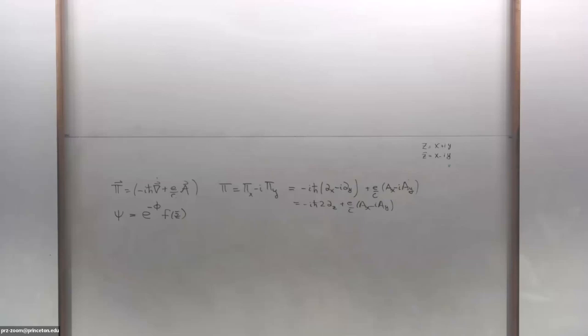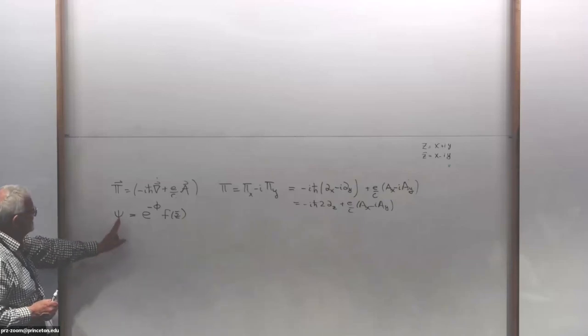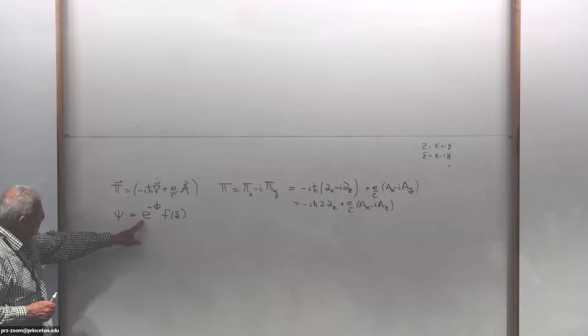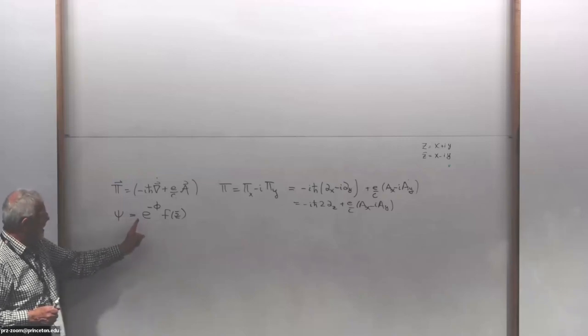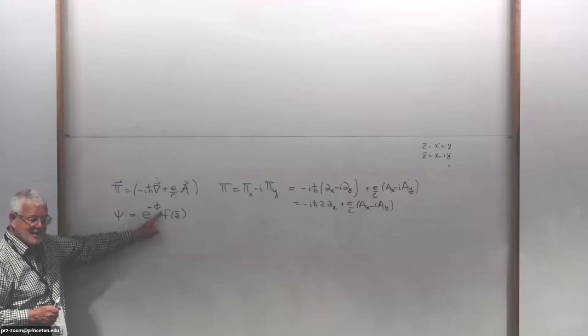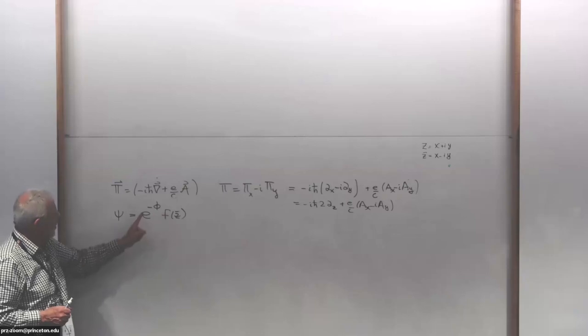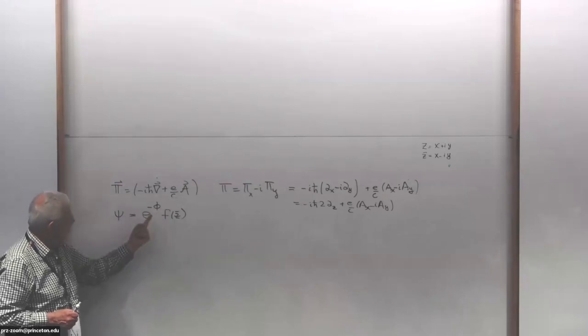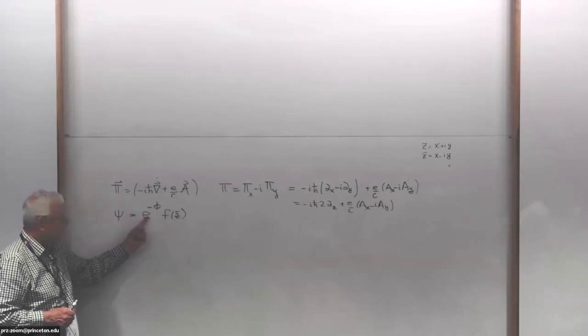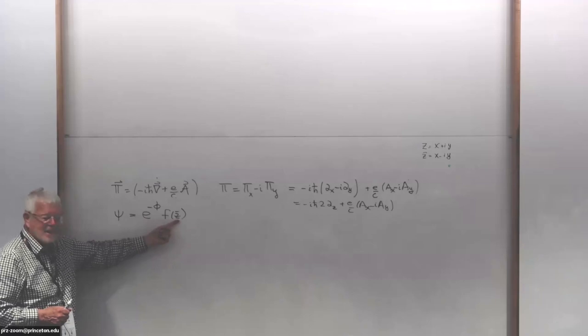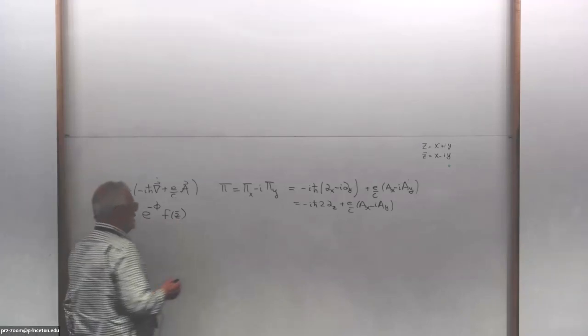If I let dz act on this, phi might depend on z, so dz brings a factor down from this, but dz has no effect on f because f doesn't depend on z.